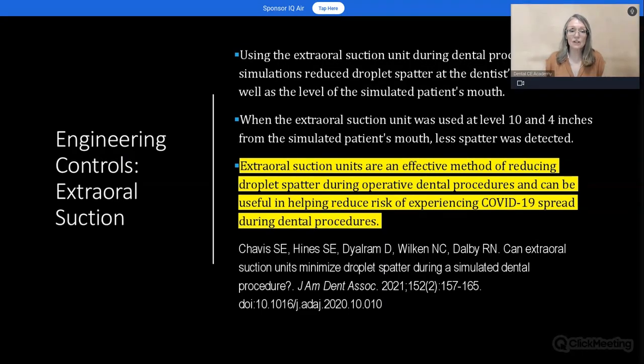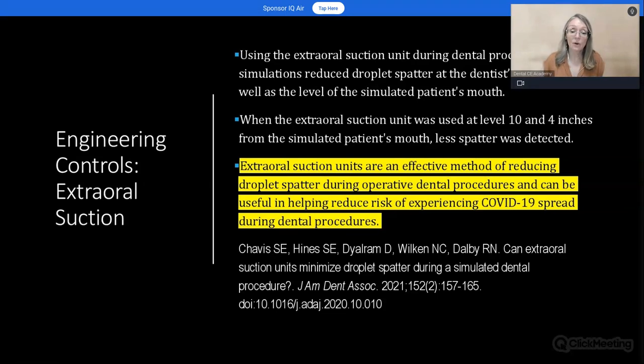Okay, we spoke about engineering controls, how to mitigate risk, and extraoral suction here. In this study, using the extraoral suction unit during the dental procedure simulations reduced droplet spatter at the dentist's eye level, as well as the level of the simulated patient's mouth. Again, it's this study only. When they used the extraoral suction at level 10 and 4 inches from the simulated patient's mouth, it's like a typodont, I think they were using, less spatter was detected.